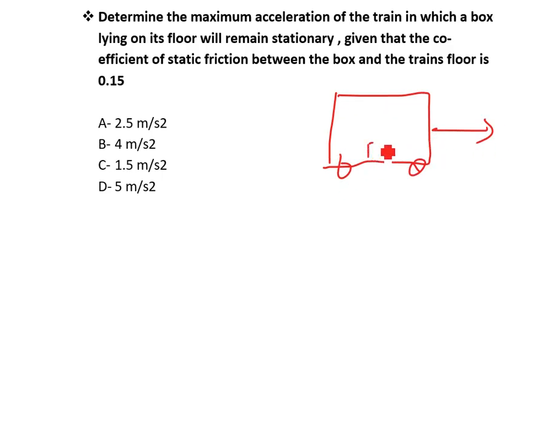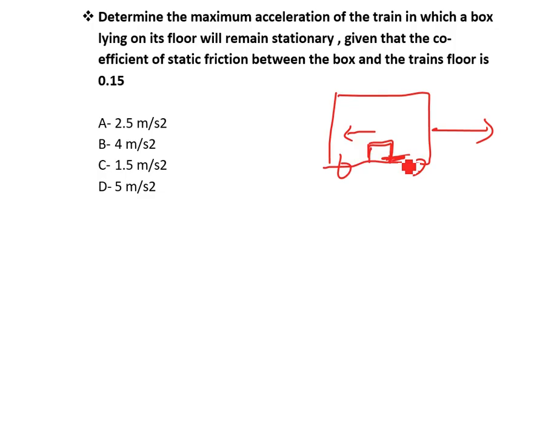There is one box lying on it. The box remains stationary as the train is moving forward. The box would otherwise move backward, but it is showing that there is some resistive force which stops it from moving in the backward direction.